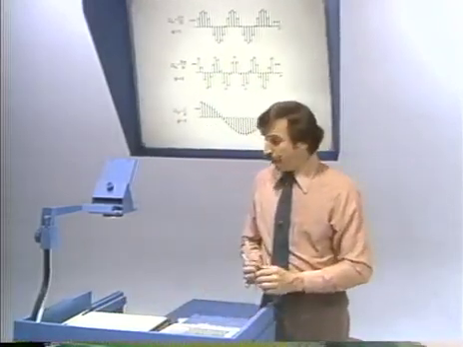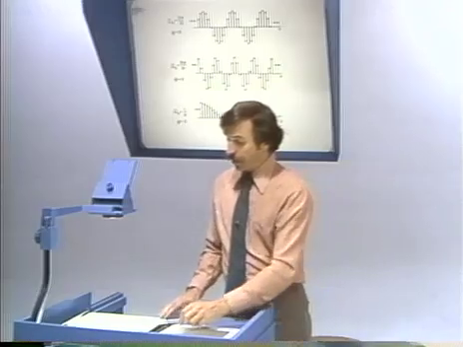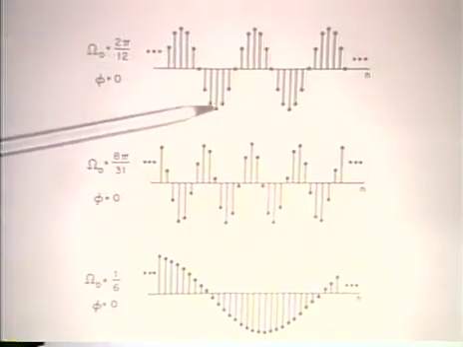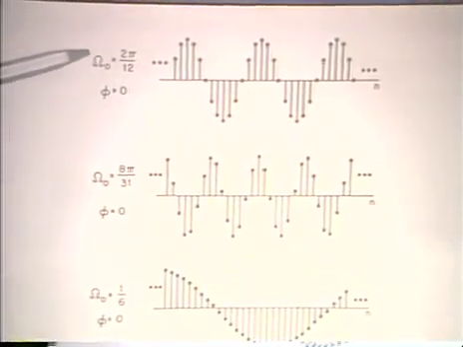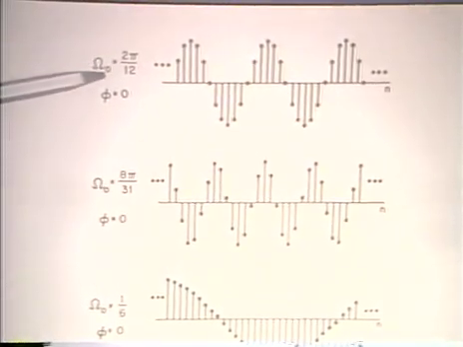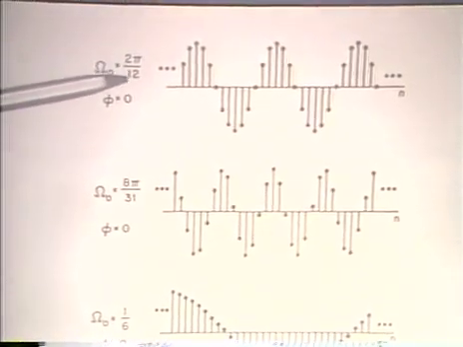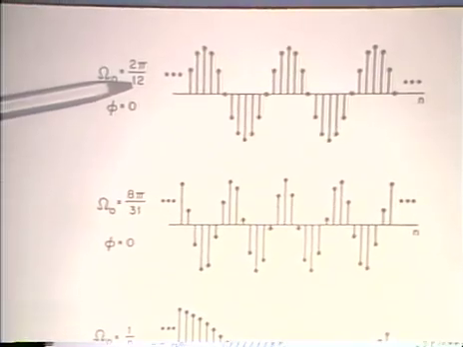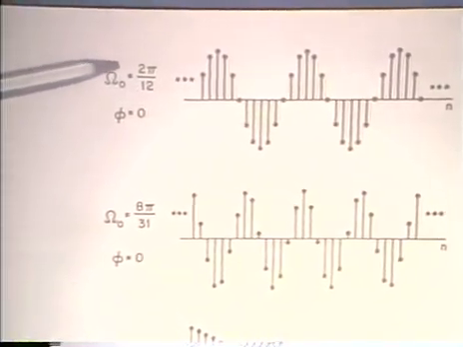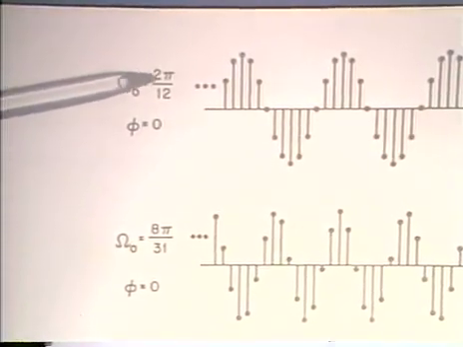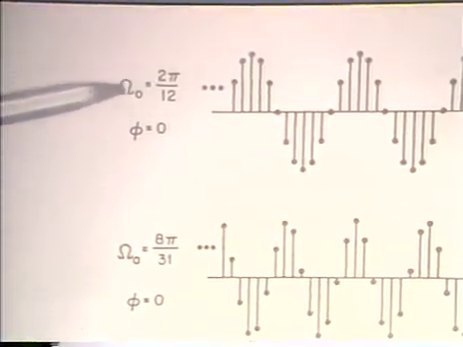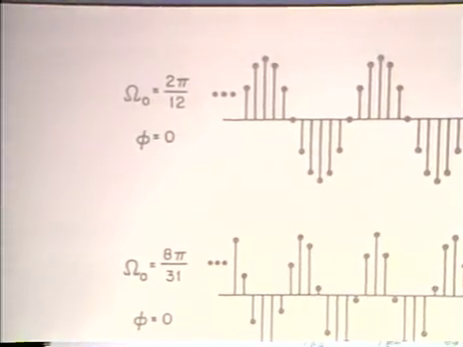We have the first one here, which is a sinusoid as I've shown, and it has a frequency, what I've referred to as the frequency, omega 0 equal to 2 pi divided by 12. And what we'd like to look at is 2 pi divided by omega 0, in effect, then find an integer to multiply that by in order to get another integer.